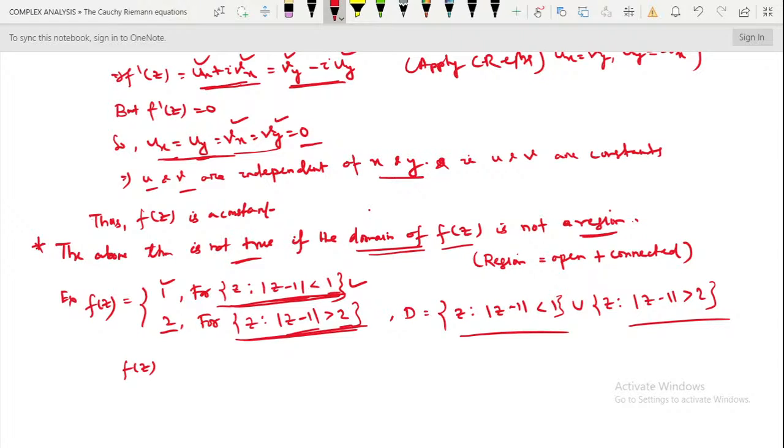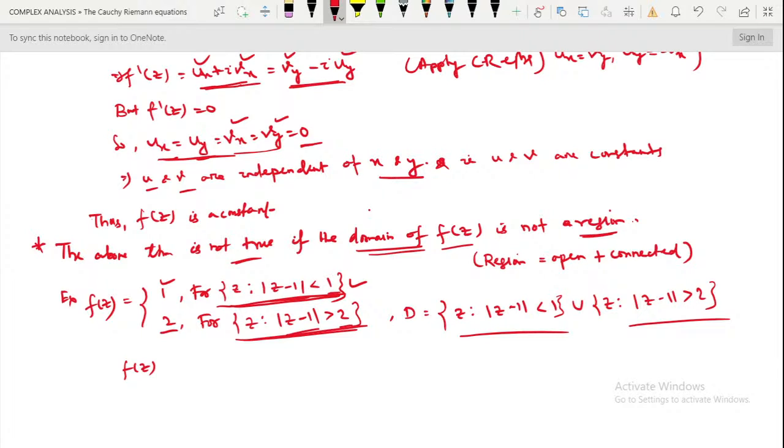Now look at f dash. But whatever this domain D is, it is not a region. Each one is a region, but their union is not, because it is not connected.